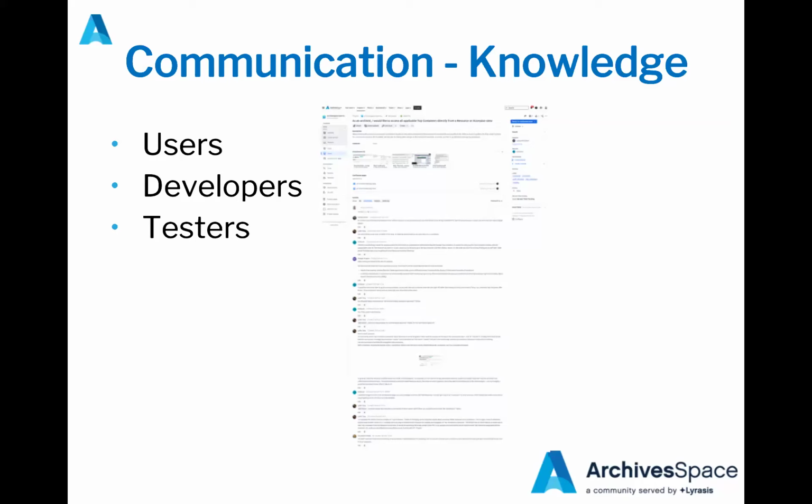And there are also the testers, the people who are there to verify that the requirement is fulfilled, therefore verify the acceptance criteria, as we say. We can assume that all those people involved have a good knowledge of how an ArchivesSpace system generally works.